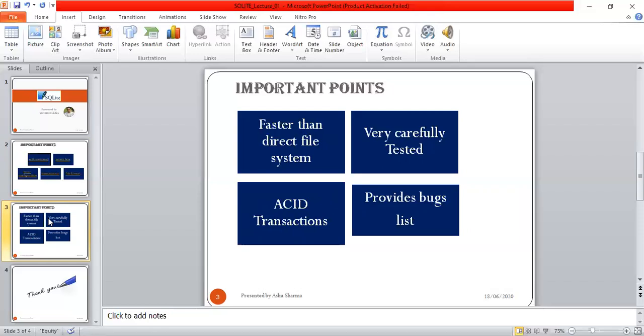The next one is the SQL logic test, or SLT. It is used to run a huge number of SQL statements against both SQLite and several other SQL database engines and verify that they all get the same answer. So this is known as the SLT test, or SQL logic test.